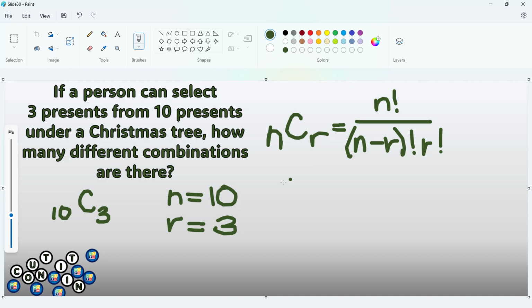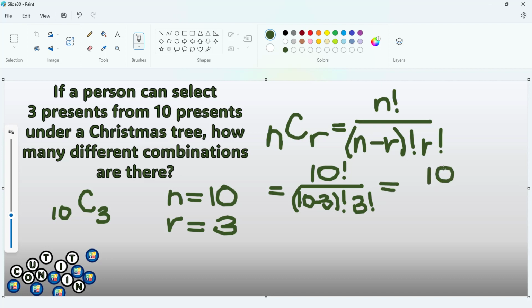So simply plug in all the values here. 10 factorial for our numerator, and for our denominator, that's 10 minus 3 factorial times 3 factorial. You have 10 factorial over 7 factorial, that's 10 minus 3, times 3 factorial.